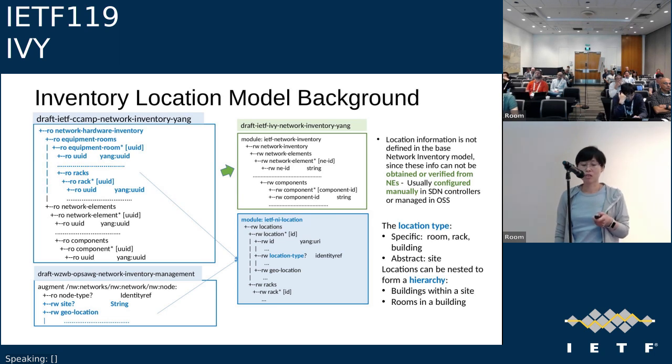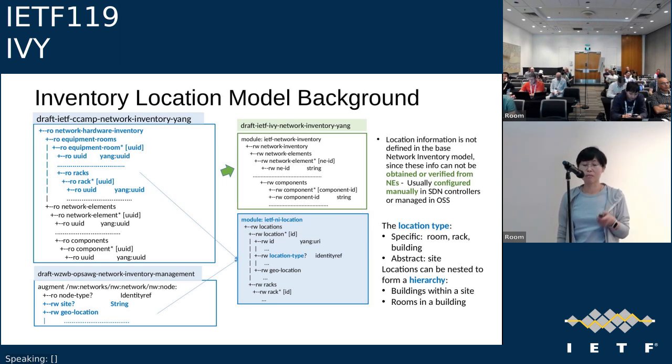It is quite critical information for the network inventory, as it provides location information so that in network planning, provisioning, and also maintenance, it's quite critical. If there's no map of the place information, it's hard to replace a board in case there's some problem with the board.